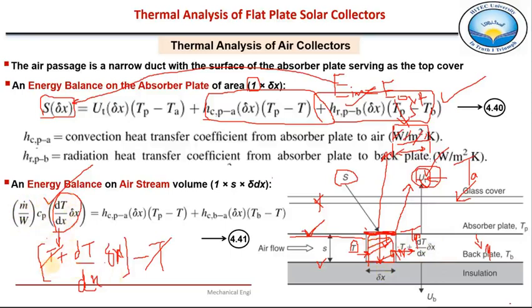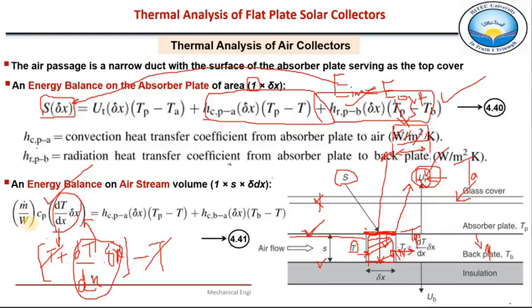Here this term is actually T plus dT/dx into dx minus T. This T is cancelled with this T, and what is remaining is this term which is written here, m into cp. Everything is written for unit length, so that's why it is divided by W, right?